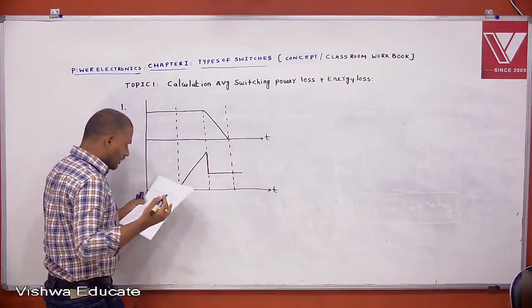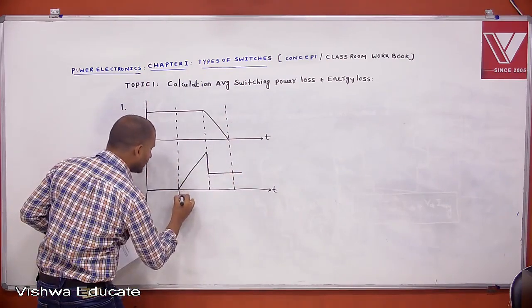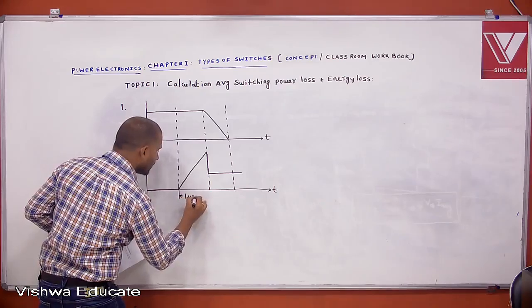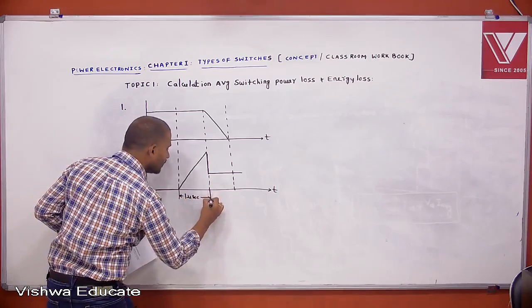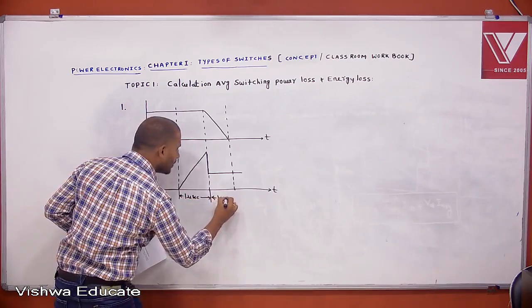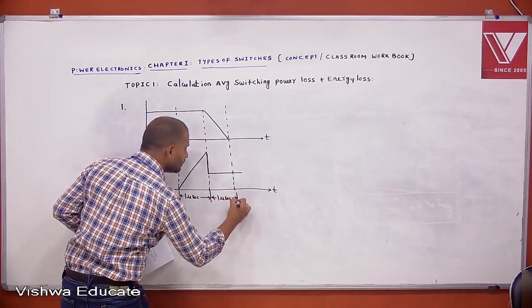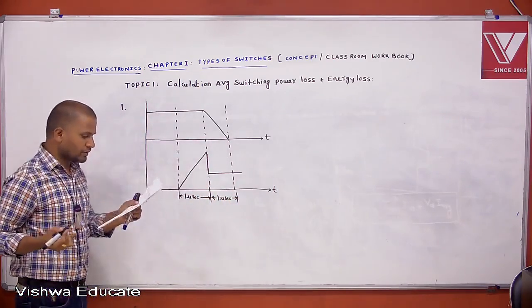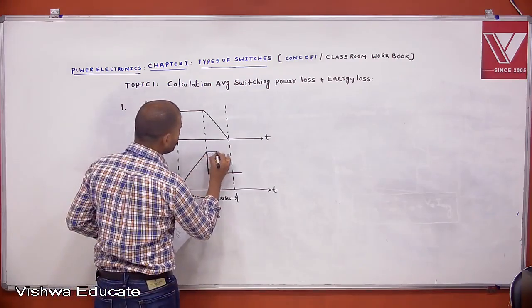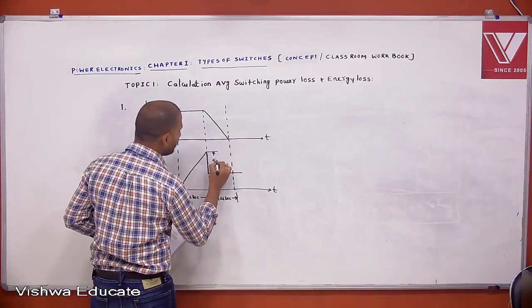This time is given as 1 microsecond, that is T1 time. And this is also given as 1 microsecond, and this current is 50 amperes.